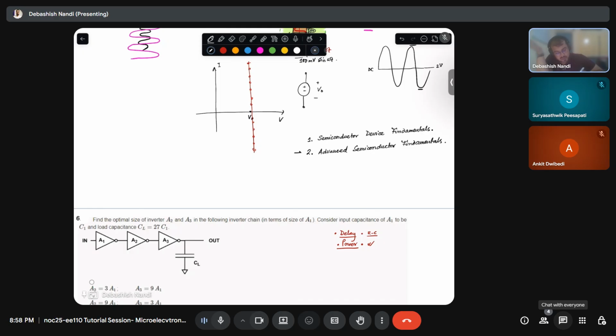So this is more the basics of how your band structure, band diagram, everything comes about. And this is more on the device aspects. Both are written by Robert Pierret of Purdue University. Okay.